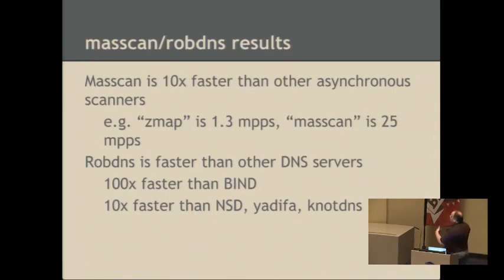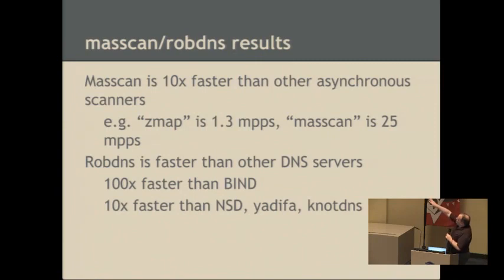So here's the results I get from all this. Masscan is 10 times faster. I had Masscan pretty much complete, and then someone created a release of this thing called ZMap. And ZMap, their paper, by the way, is awesome. The results they've gotten from it are huge, and they're really, really cool.